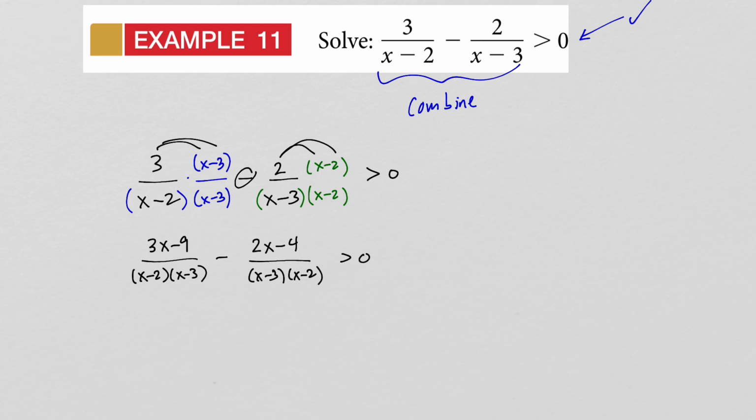And then in our next step, we need to make sure that we distribute this negative sign as well. So when we combine these into a single fraction, we have our common denominator. And then on top, we have 3x minus 9 minus 2x, and then minus 4 is positive 4. So again, you are distributing that negative there.